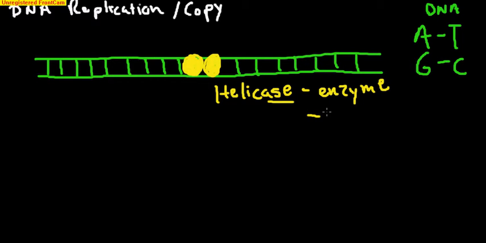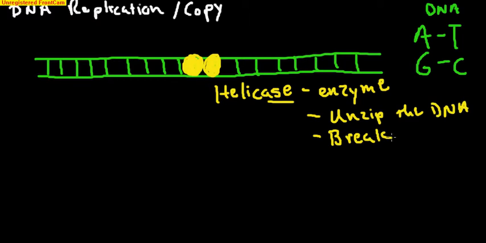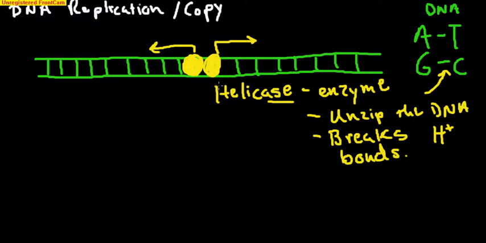And what helicase does is it unzips the DNA, or if you want to get really scientific, it breaks the hydrogen bonds. The hydrogen bonds are what hold these bases together. Essentially the helicase is going to move this way, and the other one's going to move this way, and it's going to create a Y shape.